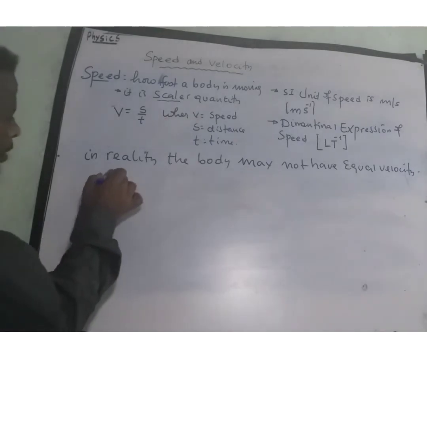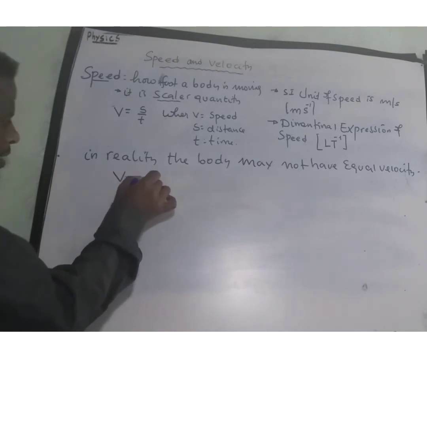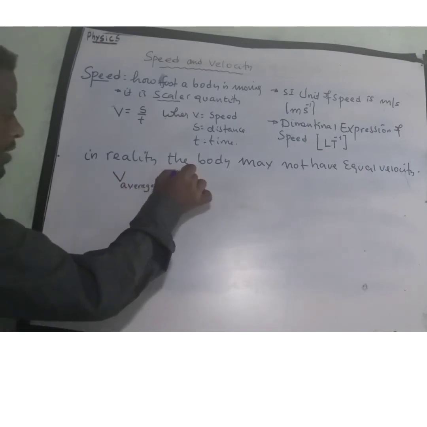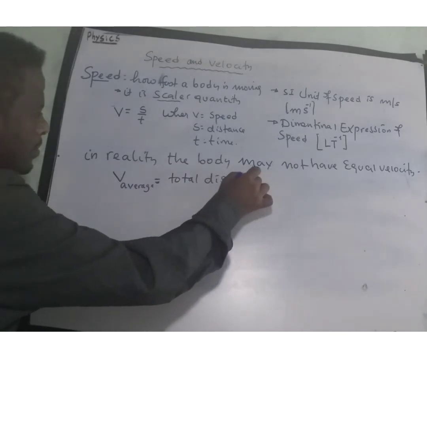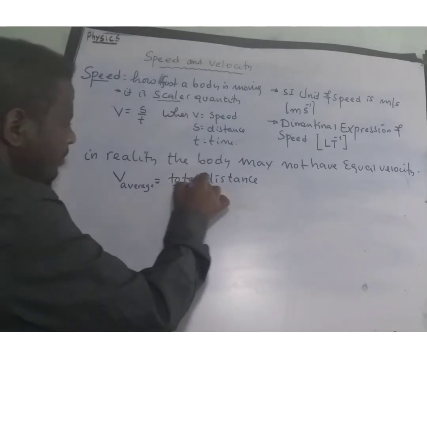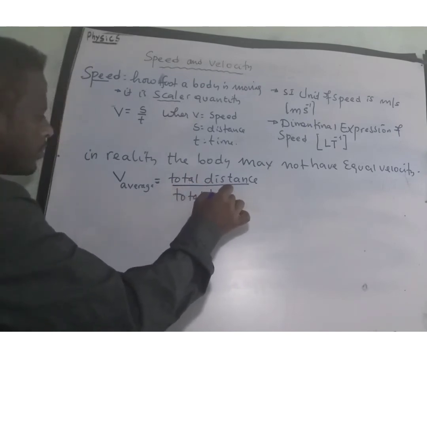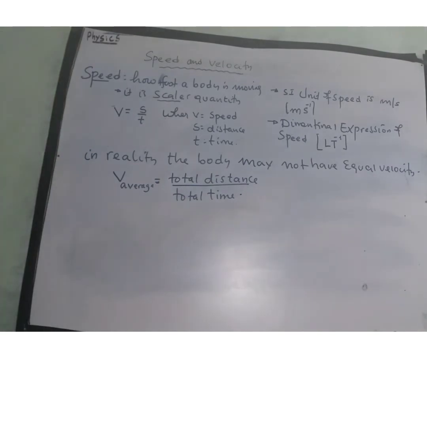Therefore, we are taking the average speed. Average speed is equal to total distance divided by total time.